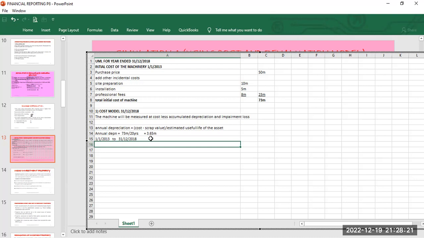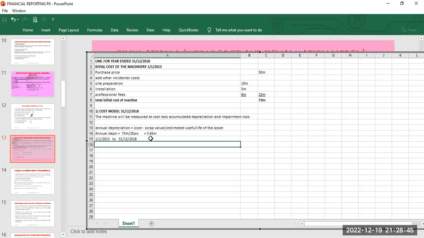So it means the asset has been there from 2013. That's 1 year, because we count 2013 also, since it was there at the beginning of the year. Meaning the whole of 2013 it was there, 2014, 2015, 2016, 2017, and 2018.